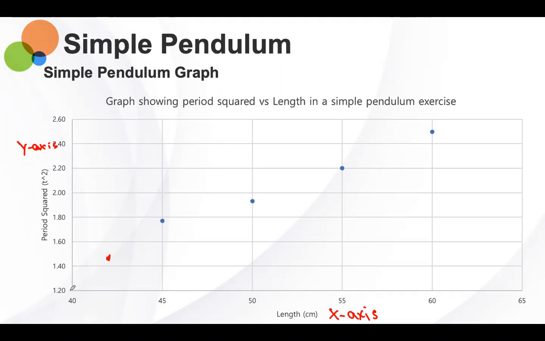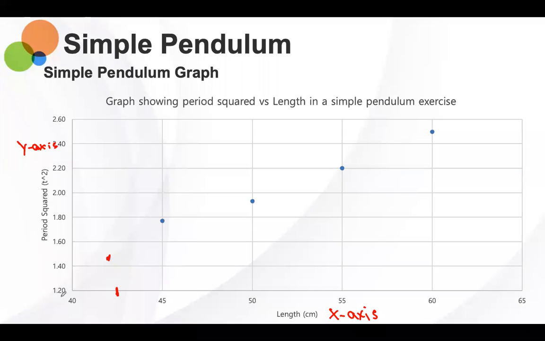Now, what's in the middle of 40 and 45? What is this value here? In the middle of 40 and 45. 2.5, sir.